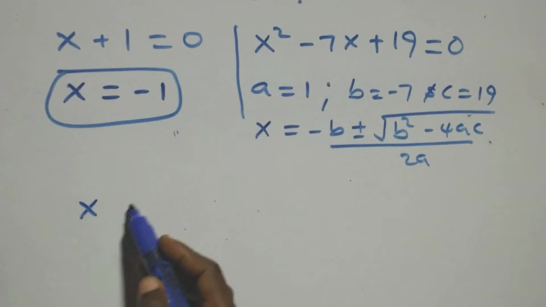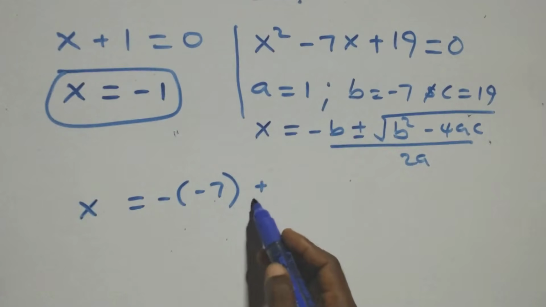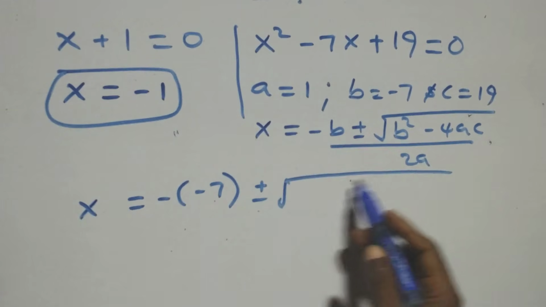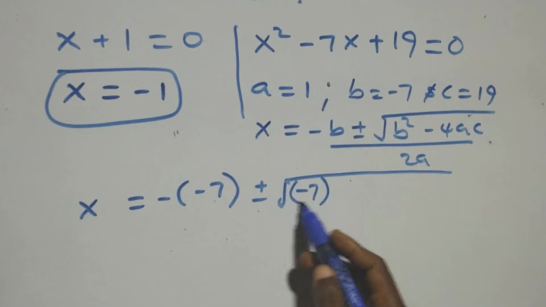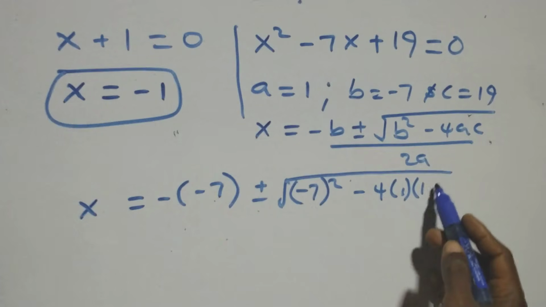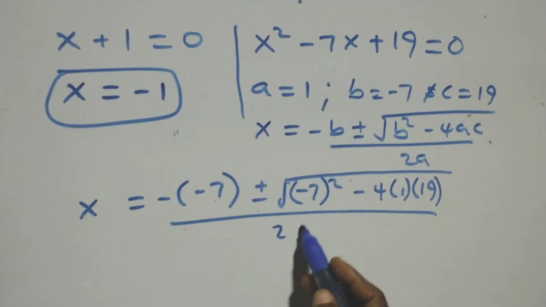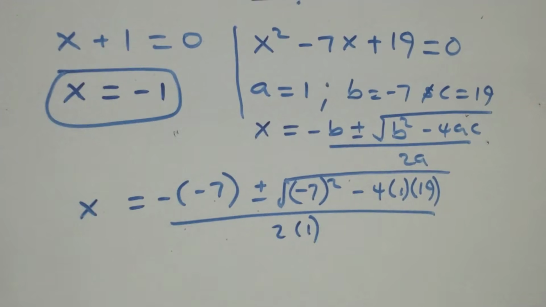Here we have x equals minus (minus 7) plus or minus square root of (minus 7) squared minus 4 times 1 times 19, all over 2 times 1.